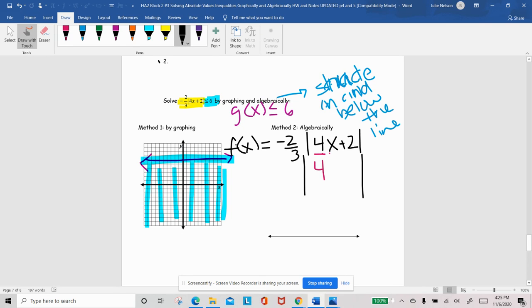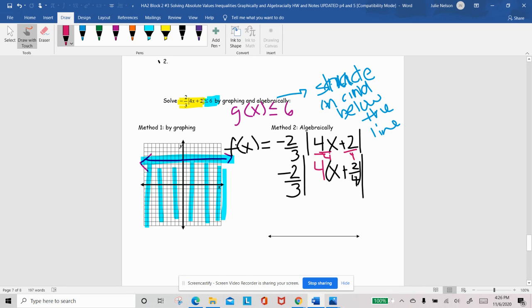So when I divide by 4, then what am I going to be left with? Well, 4 divided by 4 is 1, so I'm left with 1x. And then I'm left with 2 divided by 4, and yes, I know it's half. I'll take care of that in a minute. I still have this negative 2/3 in front.